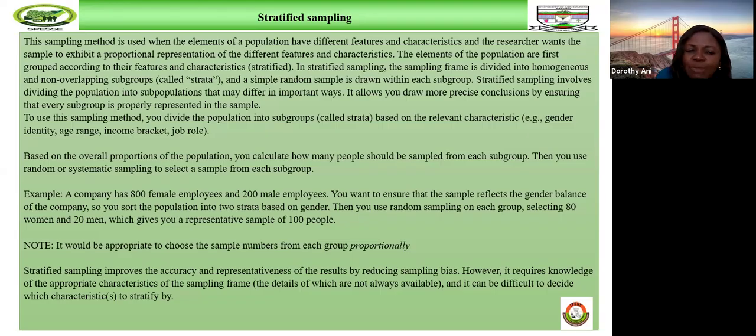To use this sampling method, you divide the population into subgroups called strata based on relevant characteristics like gender, age group, income bracket, or job role. Based on the overall proportion of the population, you calculate how many people should be sampled from each subgroup. Then you use random or systematic sampling to select a sample from each subgroup.